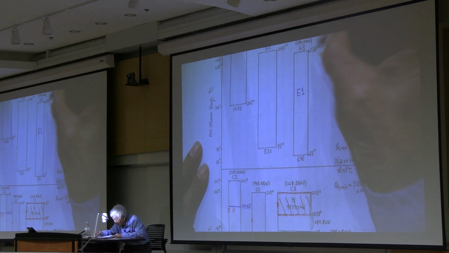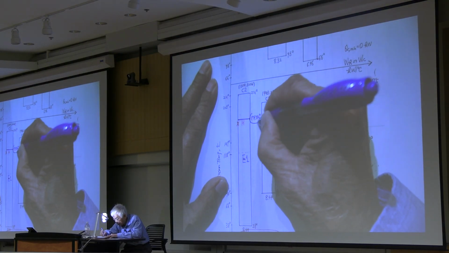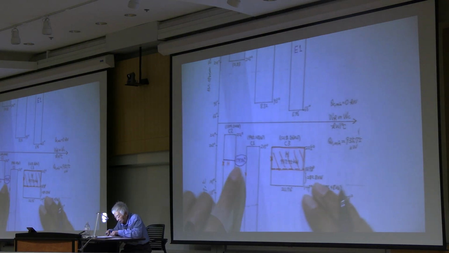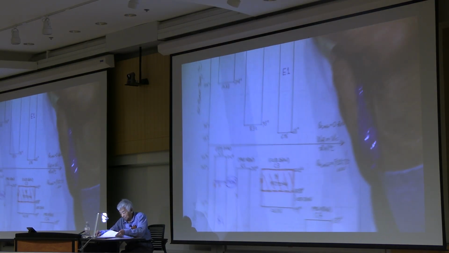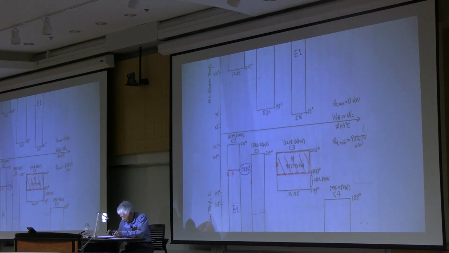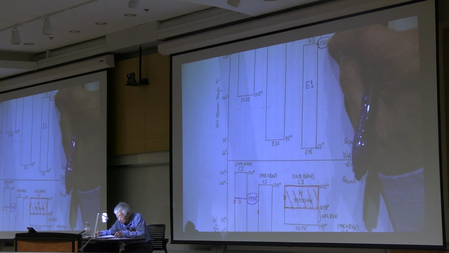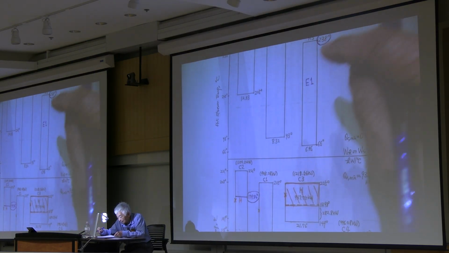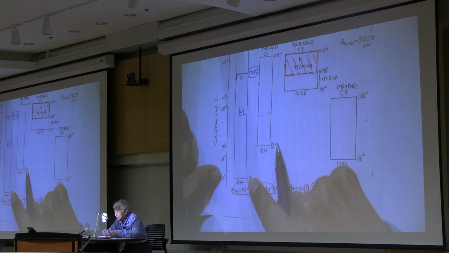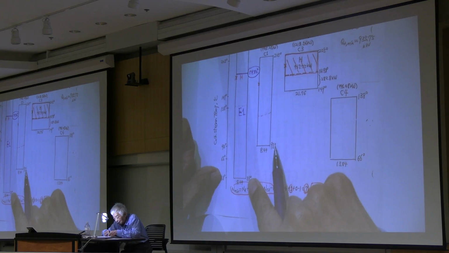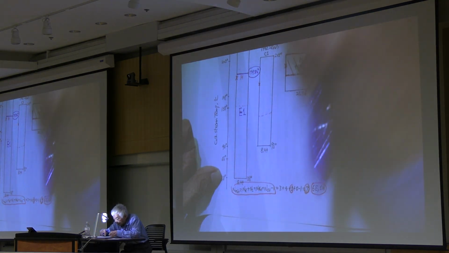Now you see 238, 179.84, this temperature difference is above 11 degrees, that's okay. 66, 38, temperature difference above 11 degrees. So these two blocks are okay.